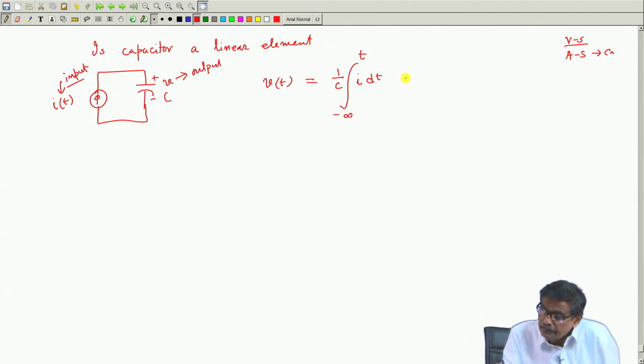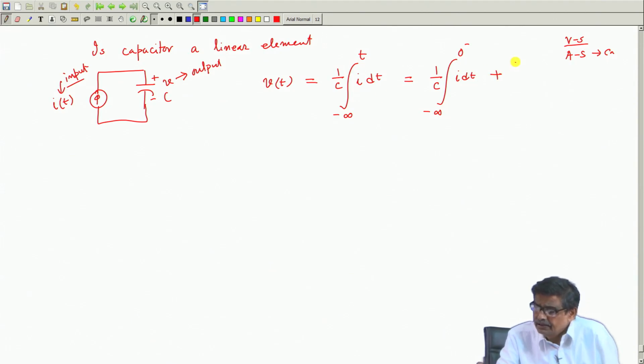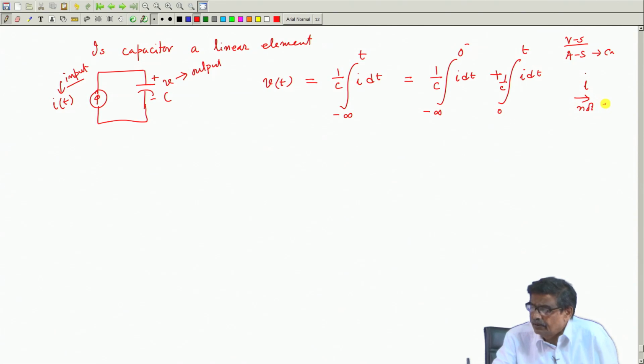Anyway, this is the thing. Now, this one is equal to 1 over C into the integral from minus infinity to 0 minus of I dt, plus, if I is reasonable, the integral from 0 minus or 0 plus, whatever you write, it does not matter, to t of I dt. These are the two parts. I is not a delta impulse, not an impulse. For this only this is valid, not an impulse signal. Forget about this.